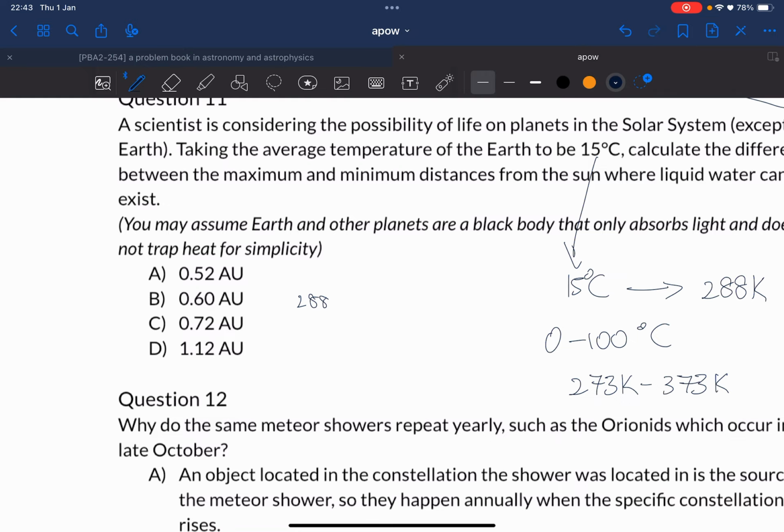At first we were at 288, right? And then we're trying to find it at 273. So we do this, and on the other side we do this, and basically just find the percentage.